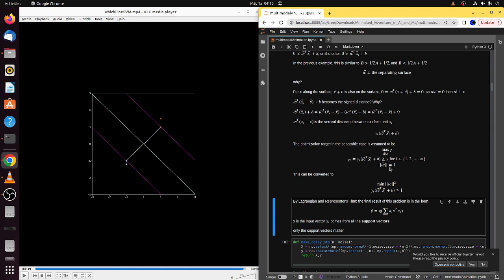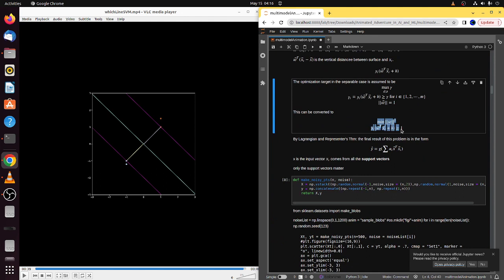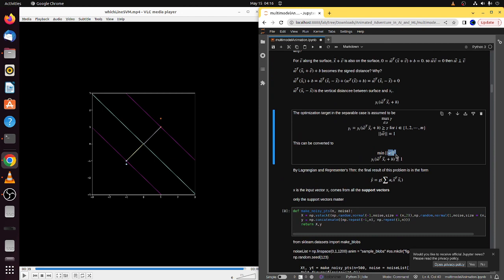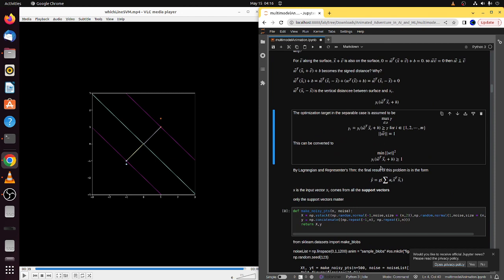So you're maximizing that minimum distance, but this can be converted algebraically into this form, probably just by dividing by the norm of w, which I kind of forgot, but you can do this with some algebraic trick.